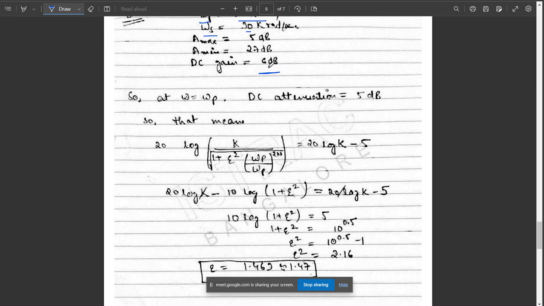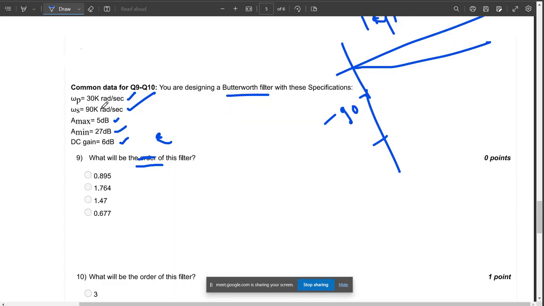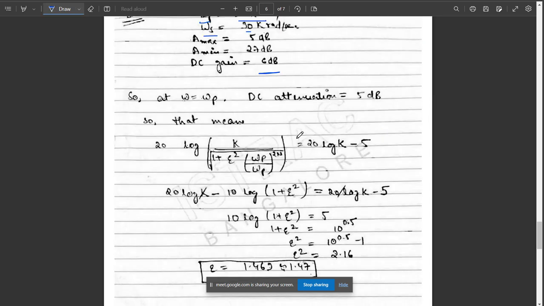Here it's 6, but in the question it's 5 dB, so there is a little mismatch. Anyways, for DC attenuation equal to 5 dB, the formula is something like this.